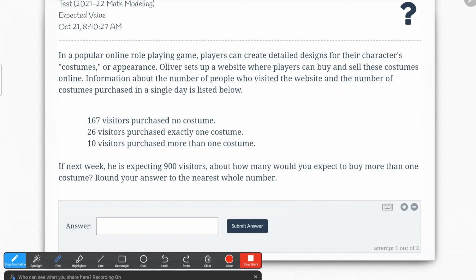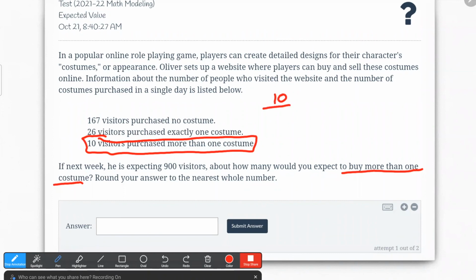So first, we want to figure out how many are going to buy more than one costume. And it was 10 out of, well, let's see what the total was. Doing some quick math, it's going to be 203. So 10 out of 203. All right, I think I did my math right. This should be 203 if we add all those together.